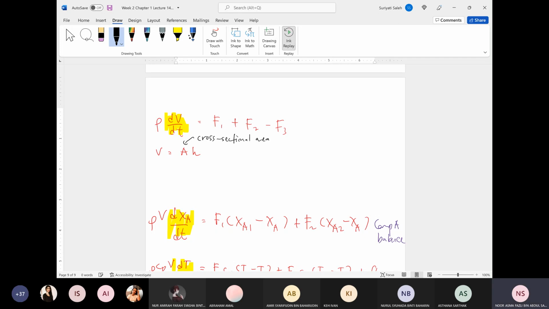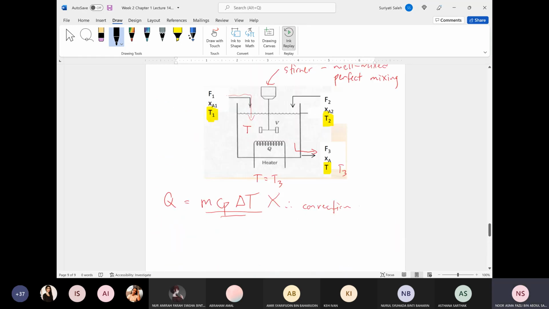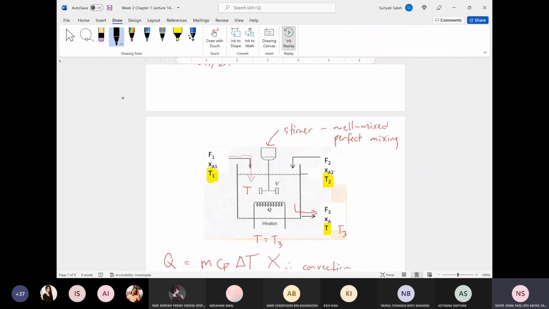Since this case study involves a blending system, you have the cross-sectional area for the system, and H is the level. Based on the given study, H normally represents this part, the level. Here, A is this, the cross-sectional area for the tank.